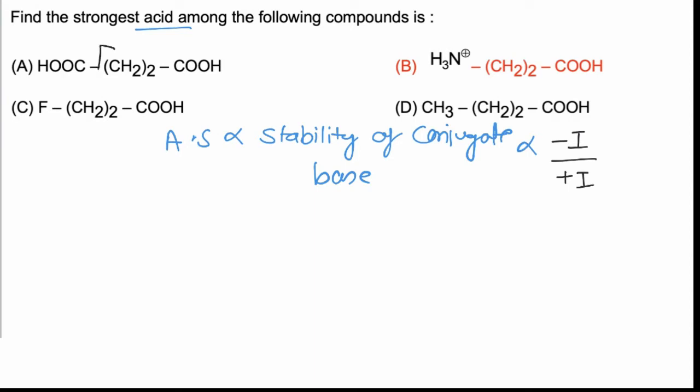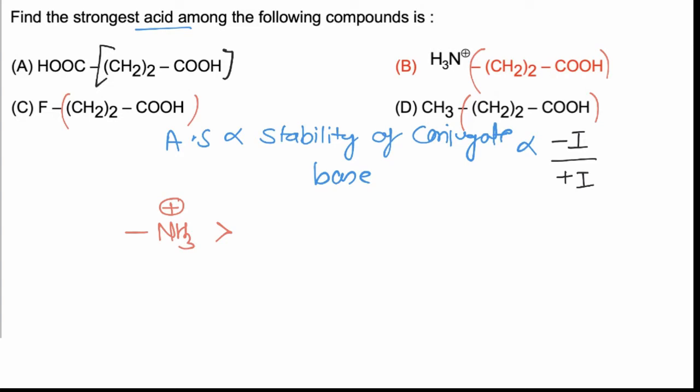Now CH2 whole twice C double OH is common in all the molecules. So the group having maximum minus I will have maximum dissociation constant and maximum stability of the conjugate base and will be maximally acidic. Now minus I effect of NH3 positive is maximum due to the presence of a clear positive charge.